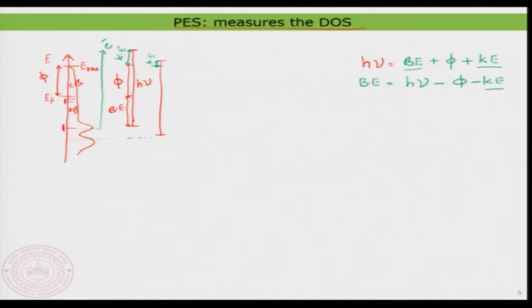That means if you were to make a plot of the binding energy, now what I am drawing is the binding energy. Sorry, the binding energy axis should go down, because binding energy is increasing, and this I am calling 0. The 0 would correspond to the Fermi level.